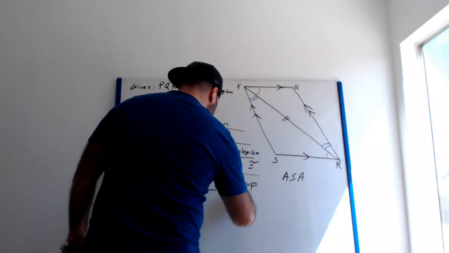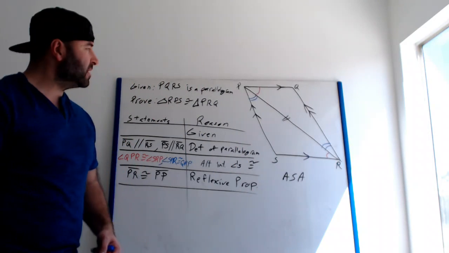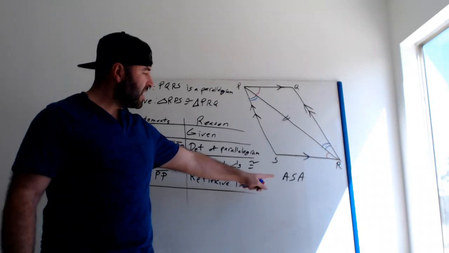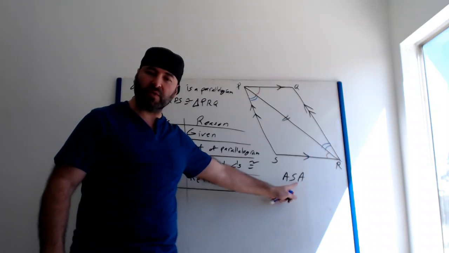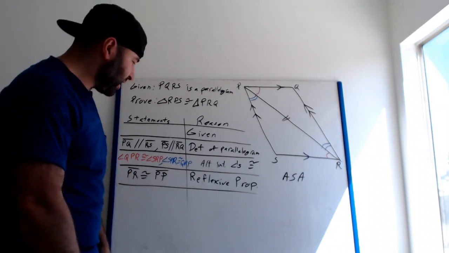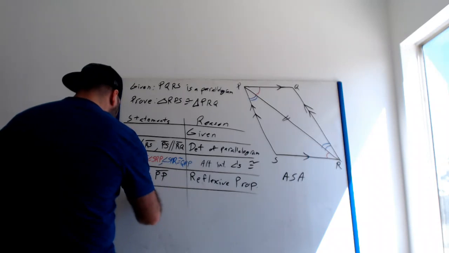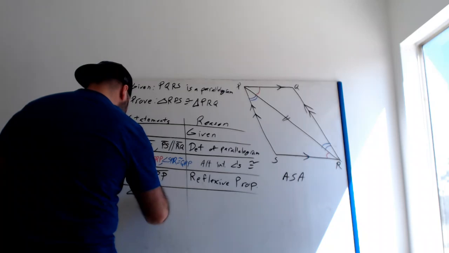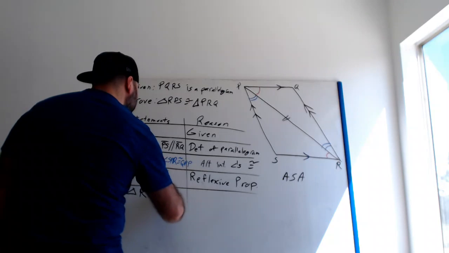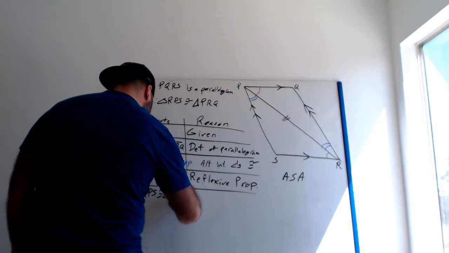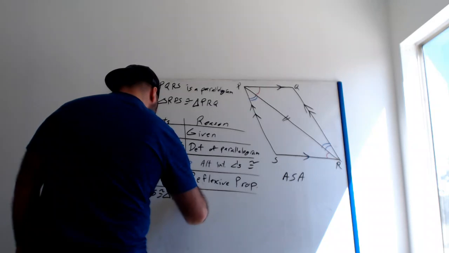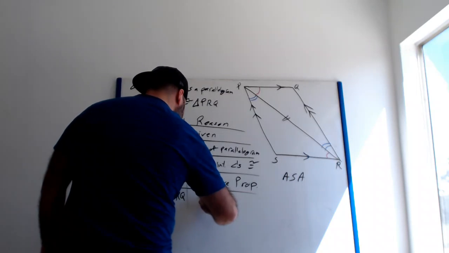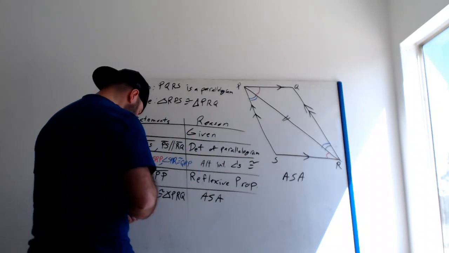Finally, now that you have all three congruencies, I can say that the two triangles are congruent now by angle side angle. So I can finally write my proof that triangle RPS is congruent to triangle PRQ, and the reason is angle side angle.